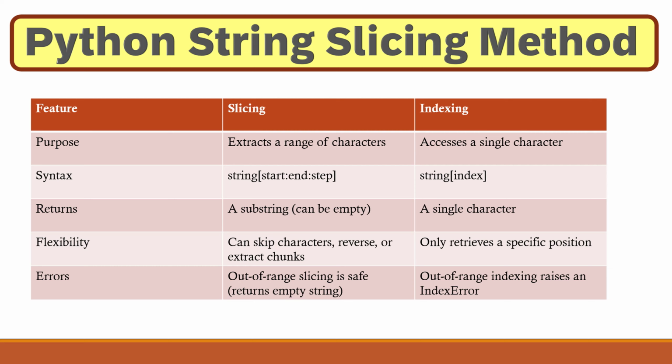So a slice returns a substring, and the index can return a single character, or the position of a single character. In terms of flexibility, slice can skip characters, reverse or extract chunks, and the indexing only retrieves a specific position. And in terms of errors, you can specify out of range slicing, which is safe, which returns an empty string. But for the indexing method, out of range indexing raises an index error.